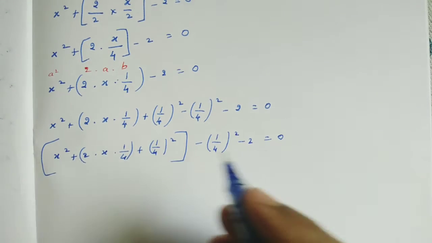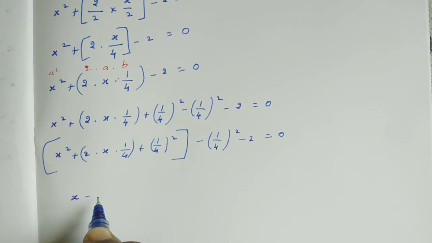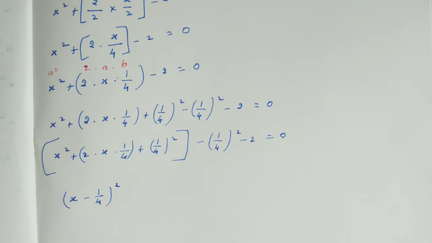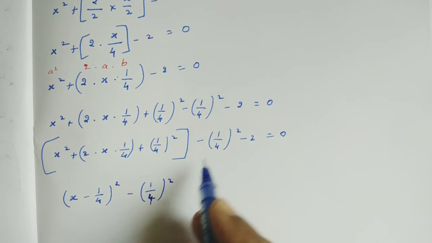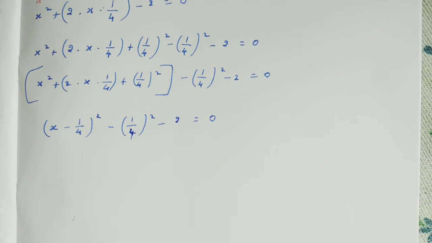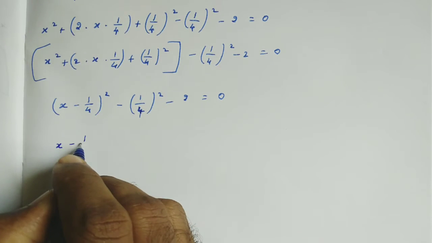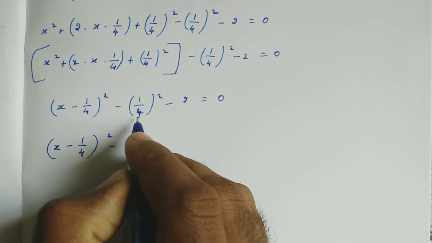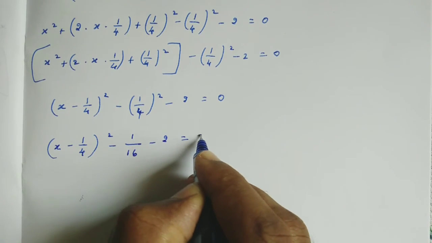Now we get a plus b the whole square, so we can write x plus 1 by 4 the whole square, then minus 1 by 4 the whole square, minus 2 equal to 0. Now the square is common for 1 and 4: 1 squared is 1, 4 squared is 16, minus 2 equal to 0.